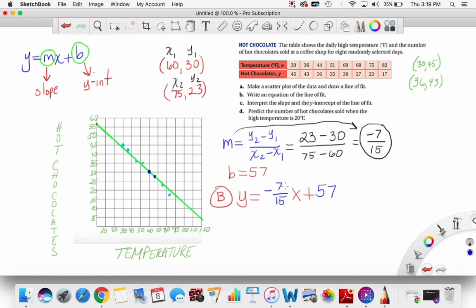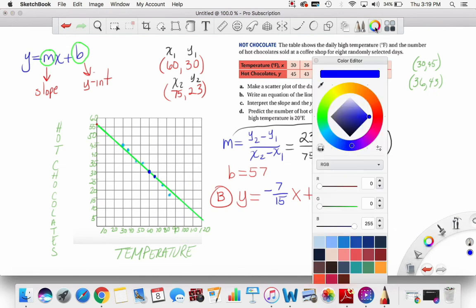Okay, now with that, we can go on to part C, and part C tells us that we need to interpret the slope and the y-intercept of the line of fit. Okay, so if we interpret that, we're simply going to state in our own words what that slope represents, what it means.